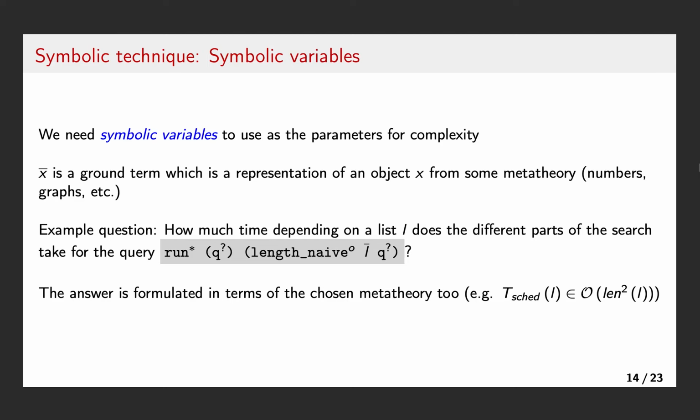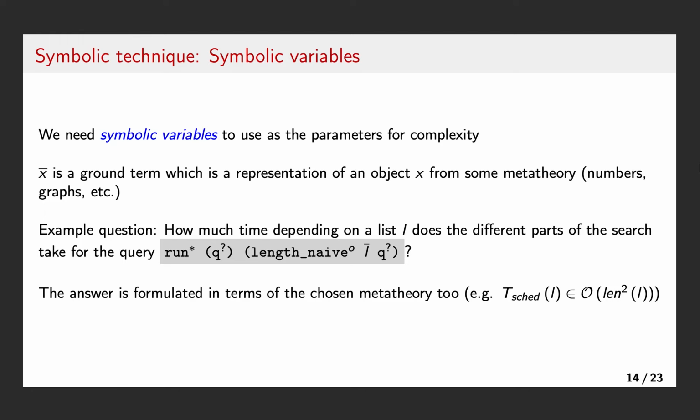Complexity is a function that depends on some parameters of the input. And to denote these parameters, we use symbolic variables. A symbolic variable can be regarded as some ground term which represents an object from some meta theory depending on the relation. It can be a number, a graph, a string, or anything else.